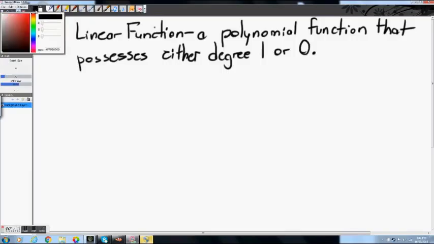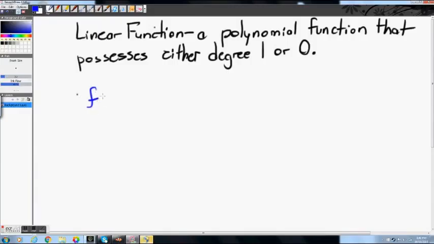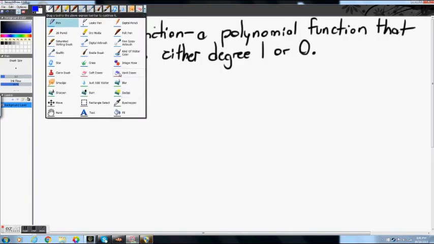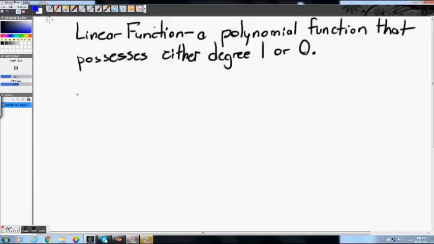The degree of a polynomial function refers to the largest exponent of any variable term in the function. For example, let's look at a general polynomial first.